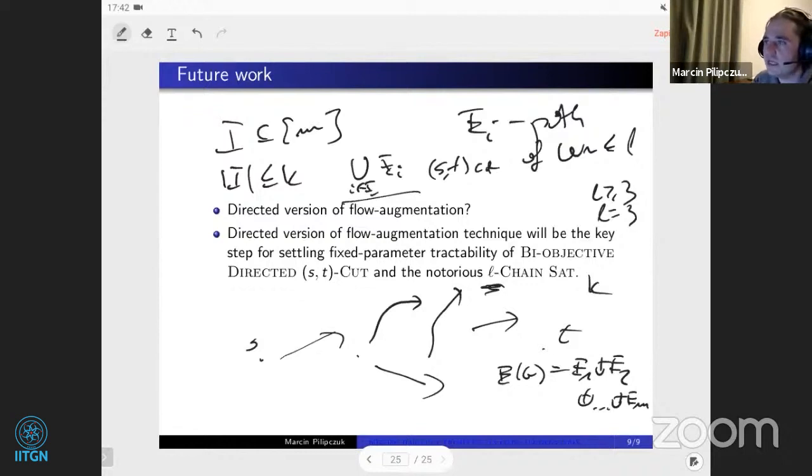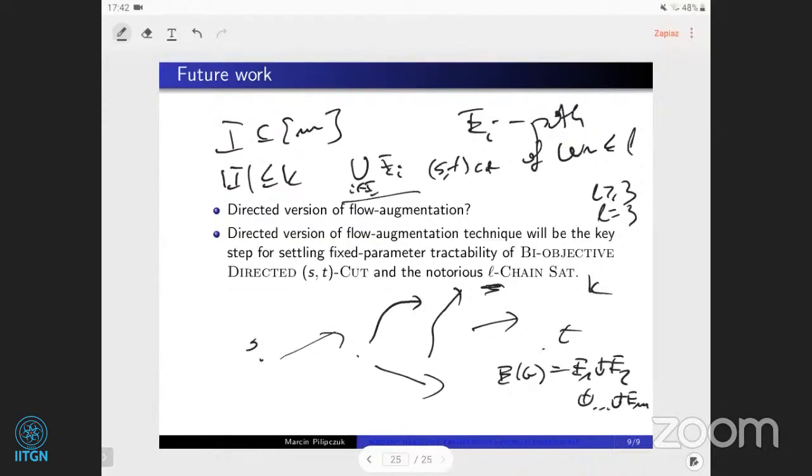Whenever the length of the path from S to T is bounded in the parameter, you can get rid of this path by some simple branching or guessing. So the problem becomes hard when S and T are very far apart and there's a lot of stuff in between, a long sausage in between. That's the difficult picture.